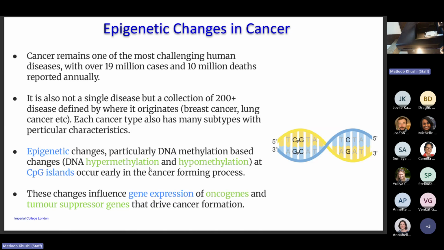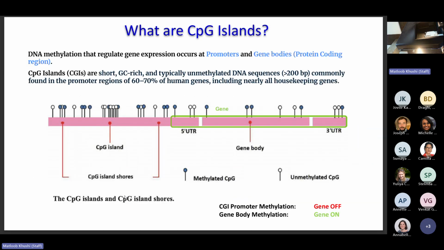So methylation changes can turn gene activity on or off, right? And so that's why it's important to know where these changes are and what happens when you add a methylation mark or remove a methylation mark from a fragment of DNA.